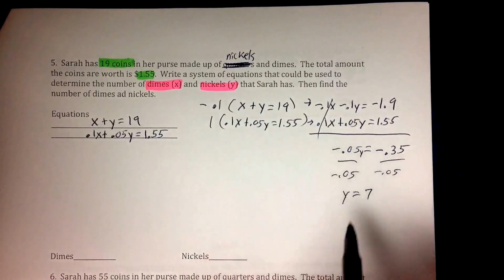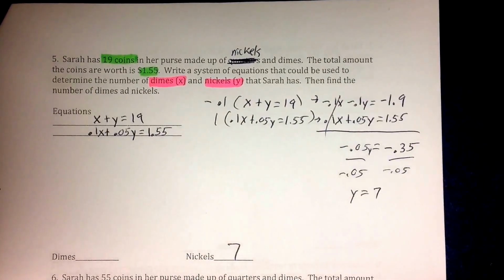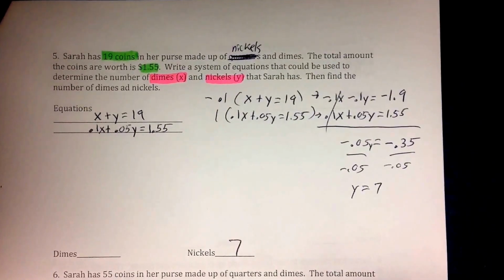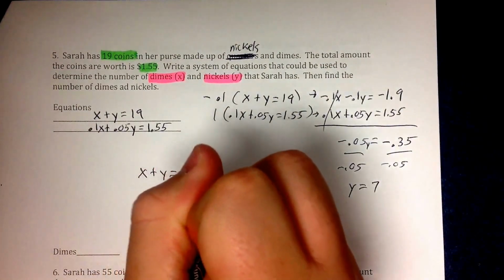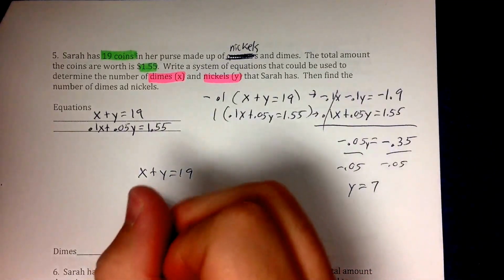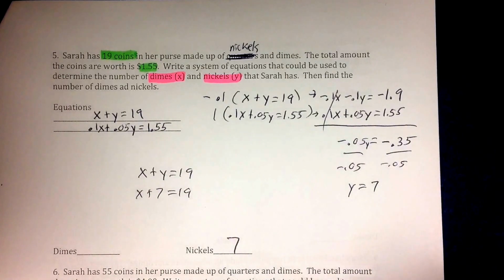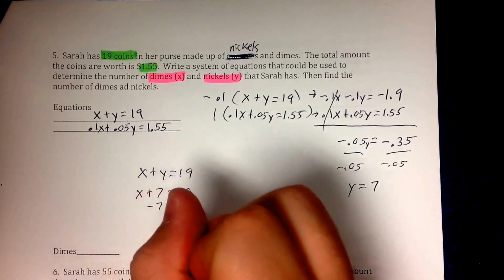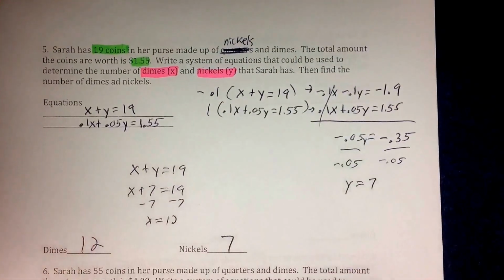Then again, y in this case is the number of nickels, so there's 7 nickels. Then you can go back and look at x plus y equals 19. Well, we know y is 7, so x plus 7 equals 19. Subtract 7 from both sides, get x equals 12.